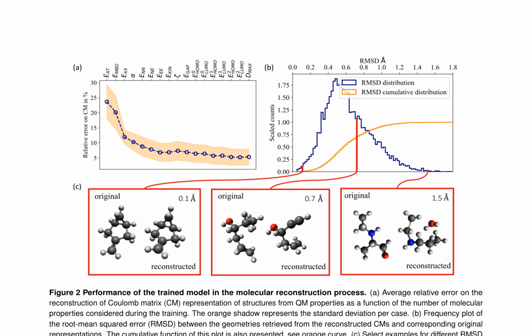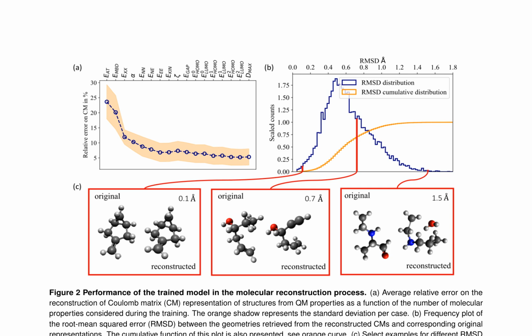The performance of the trained model in molecular reconstruction is evaluated in Figure 2. As the number of molecular properties considered during training increases, the average relative error on the reconstruction of Coulomb matrix (CM) representation of structures from quantum mechanics (QM) properties decreases, with a standard deviation per case represented by the orange shadow.